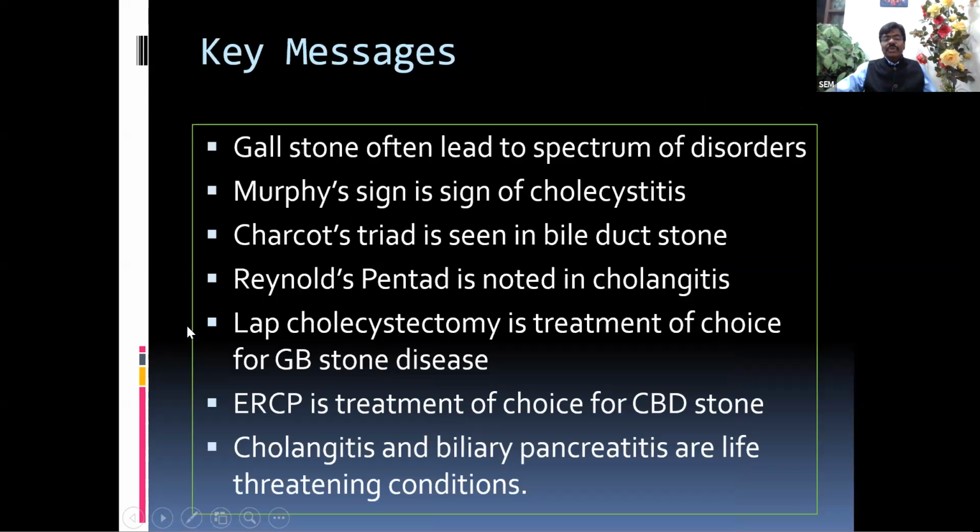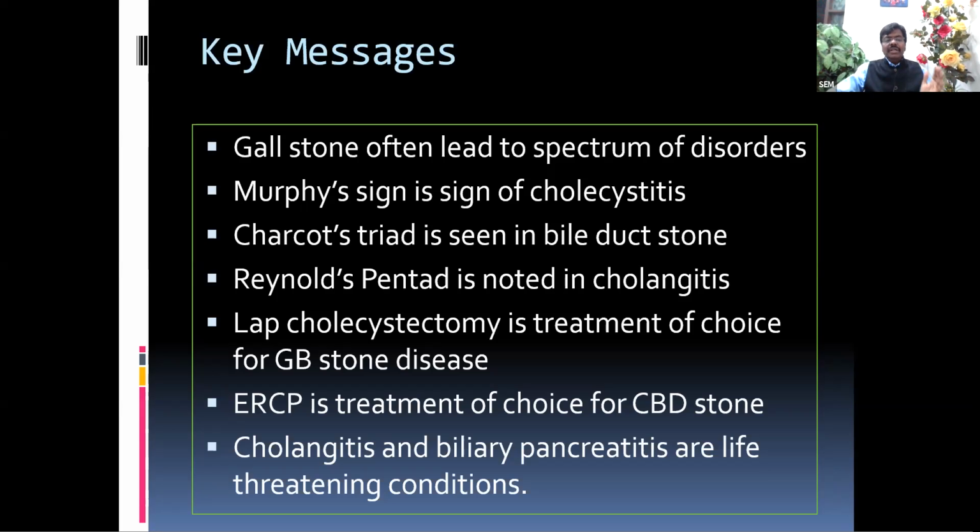So students, the take home message for all of you now. Okay. Gallstone disease gives you a wide spectrum of disorders, 10 different pathologies, starting from biliary colic down to gallstone pancreatitis. Pancreatitis is one of the important things. Apart from alcohol, gallstone also causes pancreatitis. Next important sign of cholecystitis is Murphy's sign. Remember, how will you elicit Murphy's sign?